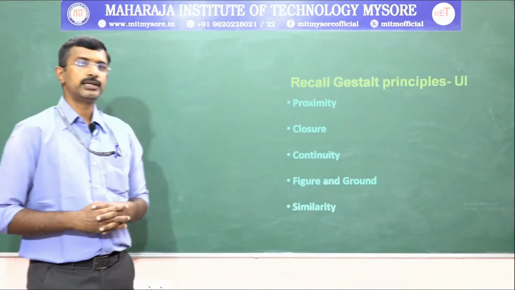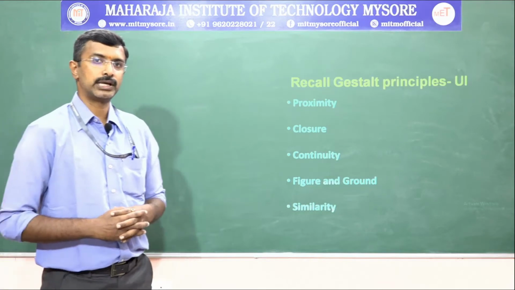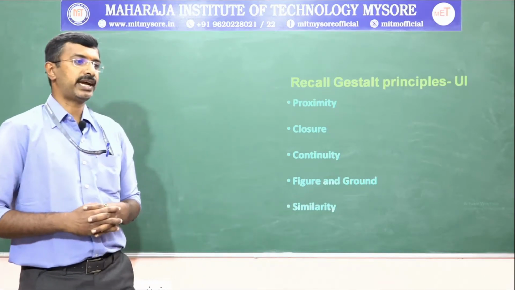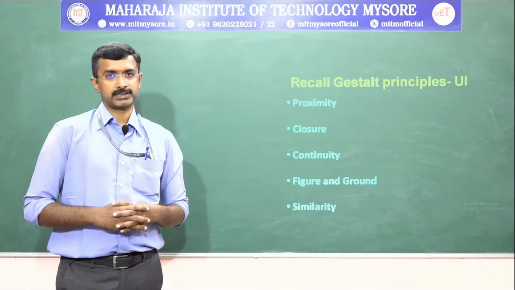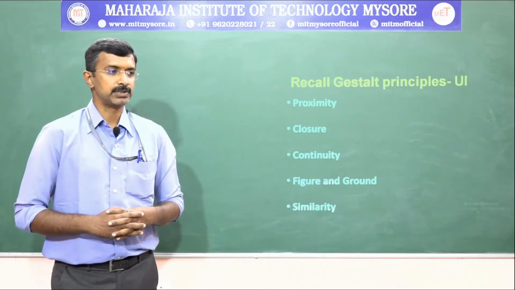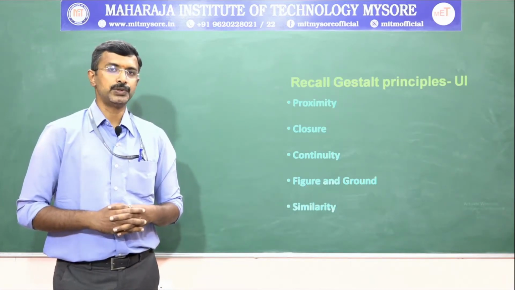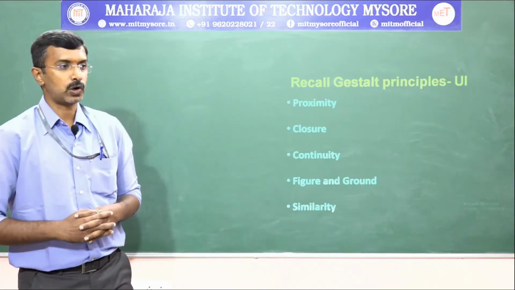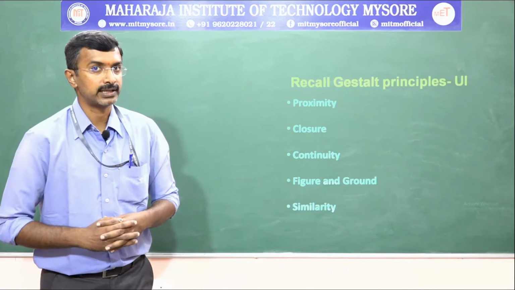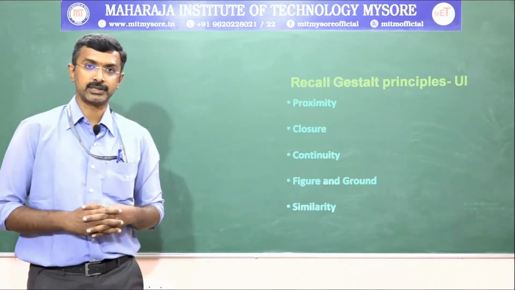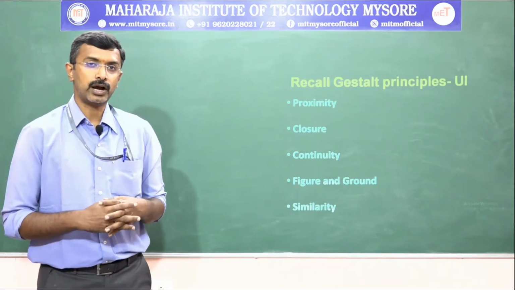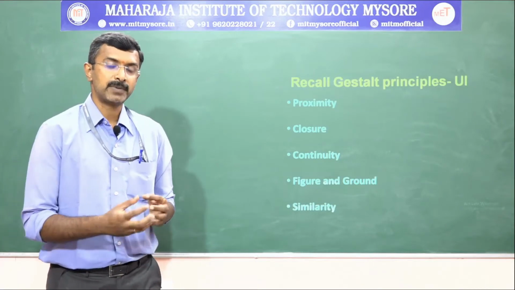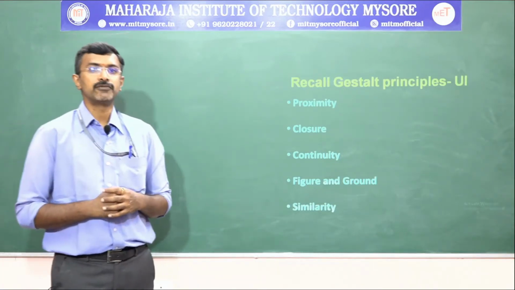To recall, in the previous class we had discussed the UI principles, which we call the gestalt principles. There are 5 principles: proximity, closure, continuity, figure and ground, and similarity. We discussed exclusively all the important aspects to consider in the UI interface, because we should see how exactly a user can perceive the information from the screen.